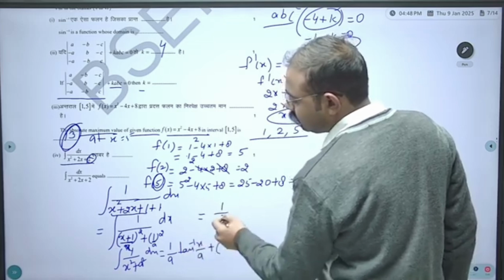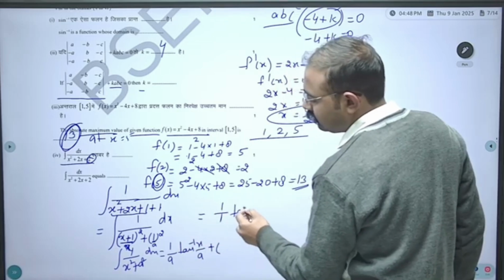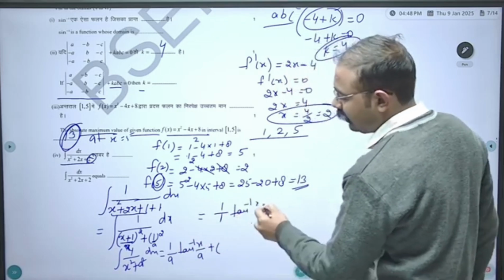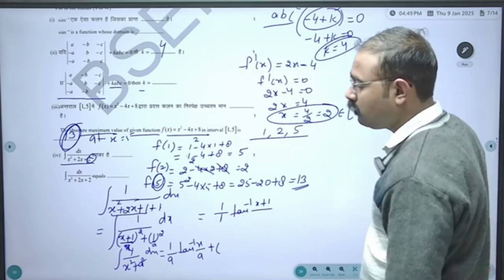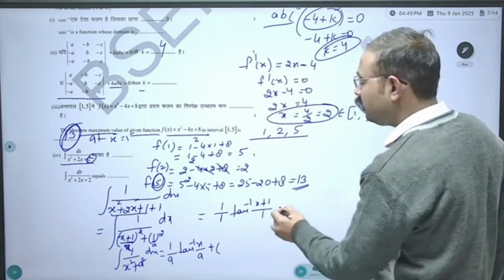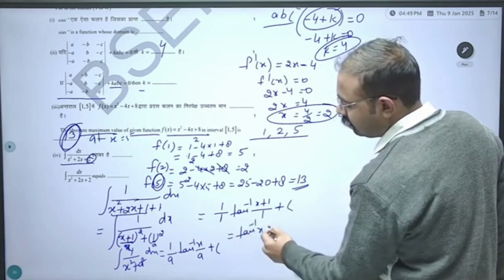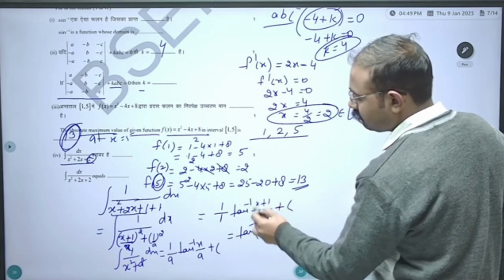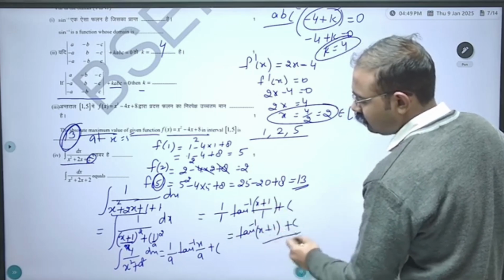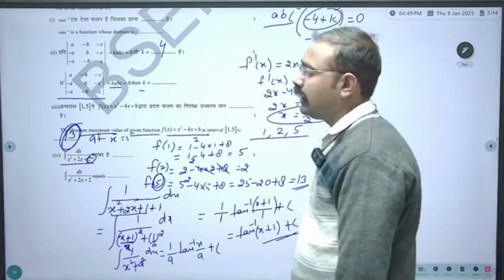1 upon, at the place of a, 1, tan inverse, at the place of x we have x plus 1 upon, at the place of a we have 1, plus c, or I can write tan inverse of x plus 1 plus c is our required integration.